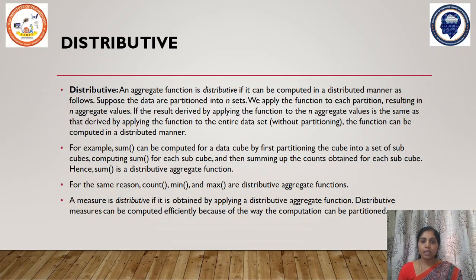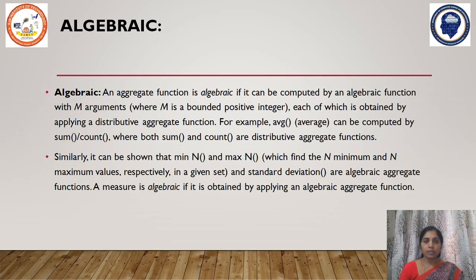Algebraic. An aggregate function is algebraic if it can be computed by an algebraic function with m arguments, where m is a bounded positive integer, each of which is obtained by applying a distributive aggregate function. For example, average can be computed by sum divided by count, where both sum and count are distributive aggregate functions.